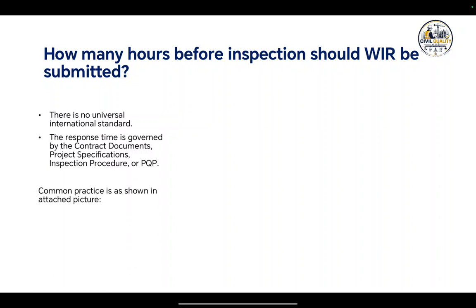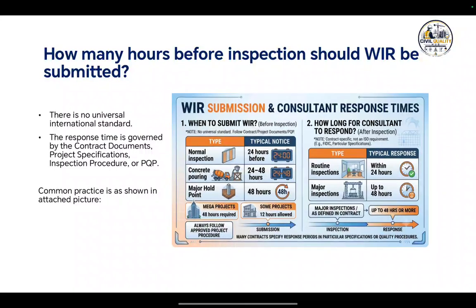Normally an inspection requires about 24 hours notice. Concrete pouring often requires 24 to 48 hours, and major hold points may require 48 hours or more. Regarding hold points, I will discuss them in the next video when we make the ITP. Always follow your project's approved procedures for this.